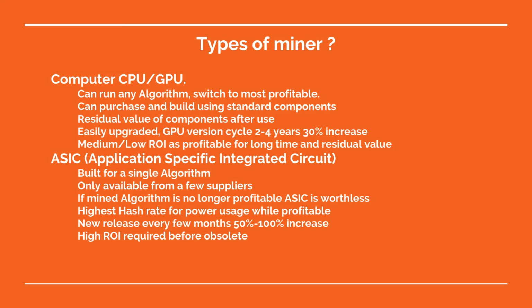So the GPU, for instance, the main suppliers normally come out with a new version every 2 to 4 years. Sometimes there's a large gap, sometimes there's a small gap, but 2 to 4 years, and that increase is about a 30% increase. So there are advantages to moving to a newer version of a GPU, but possibly only once the cost and the initial return on investment has reduced to make it actually profitable to move.